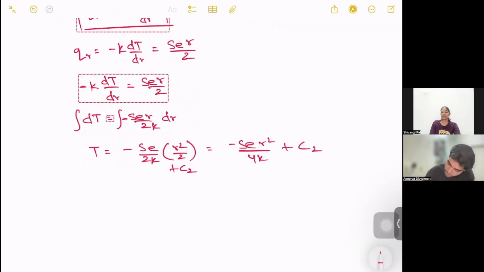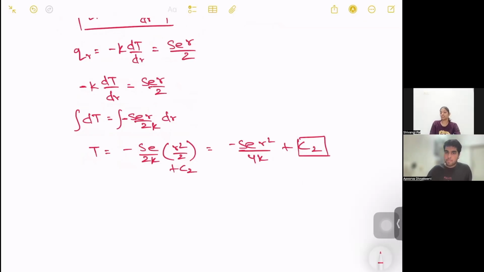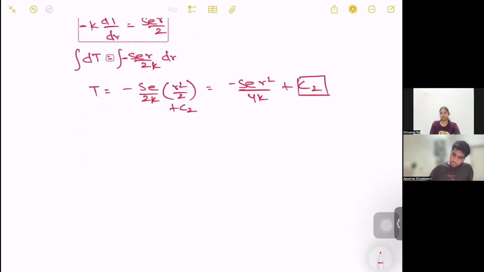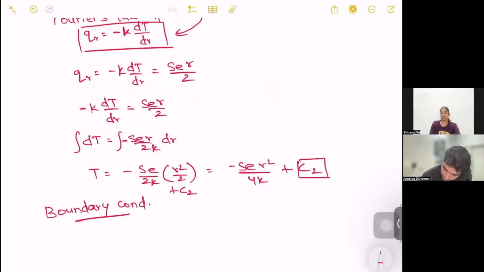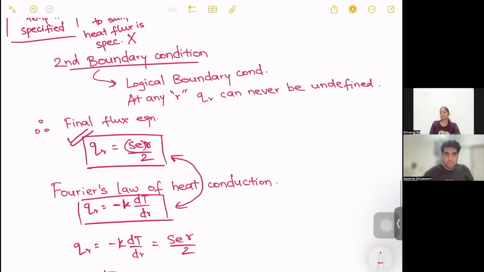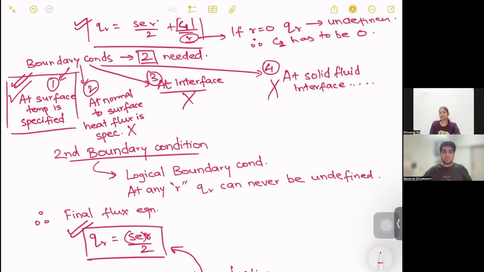Now to get the exact temperature profile, we need to eliminate C2. For eliminating C2, we will again have to go back to our boundary conditions. So the only boundary condition that was applicable to our question was that the temperature may be specified at the surface. We will be using this boundary condition to eliminate C2.